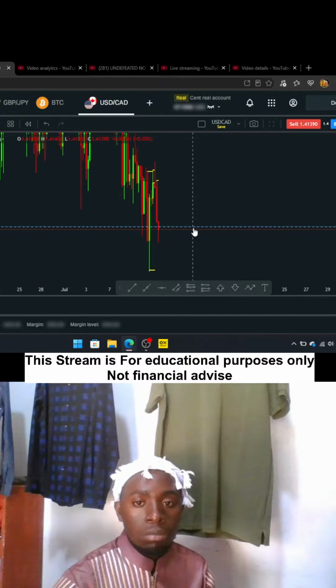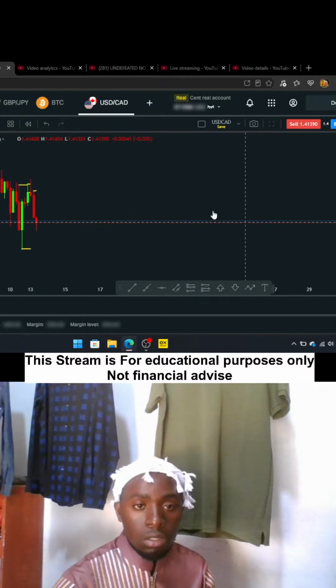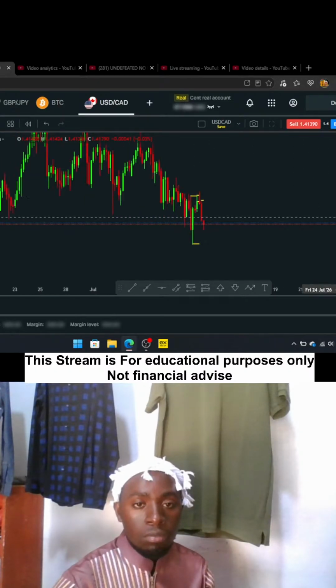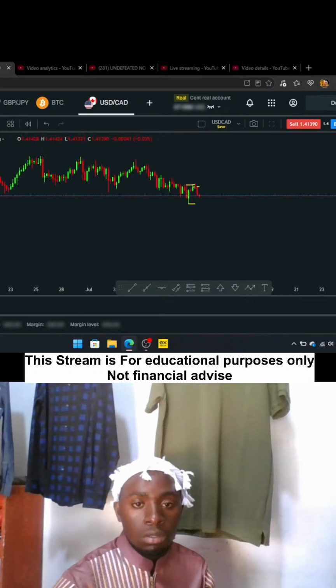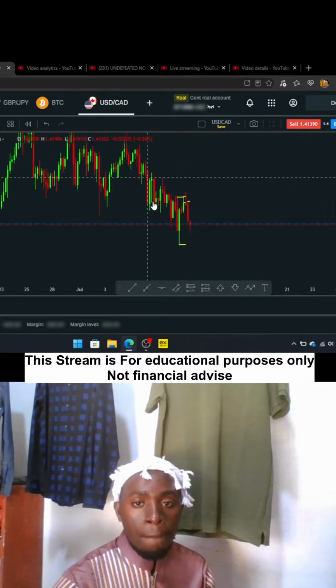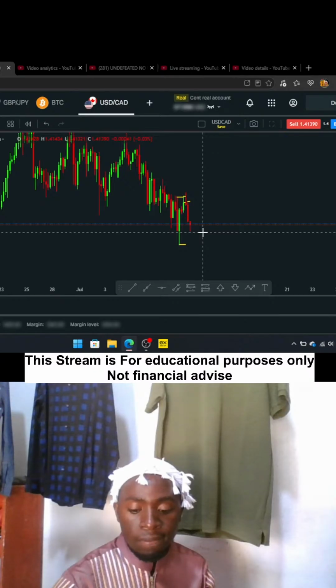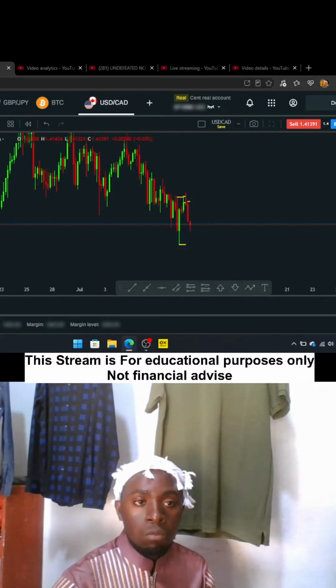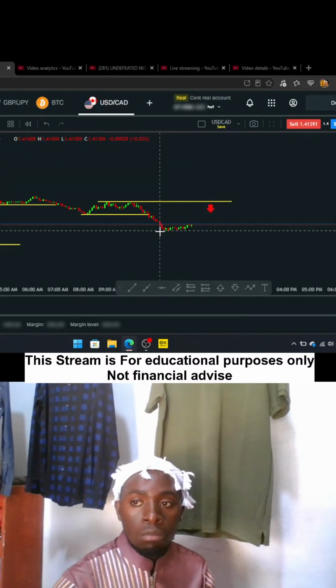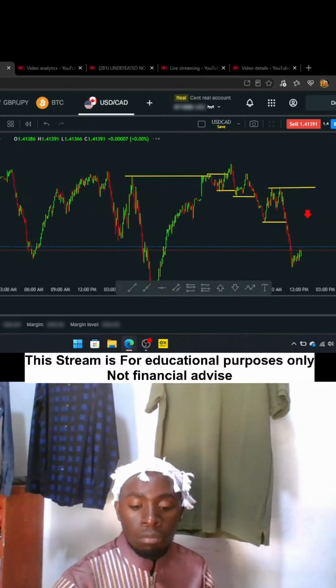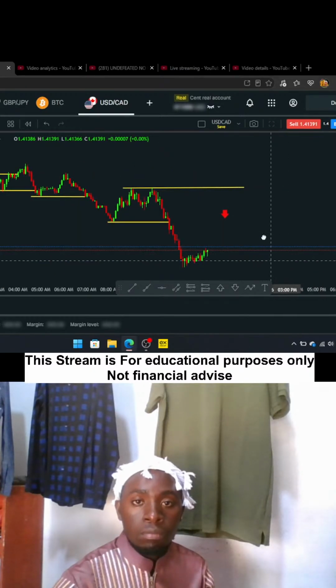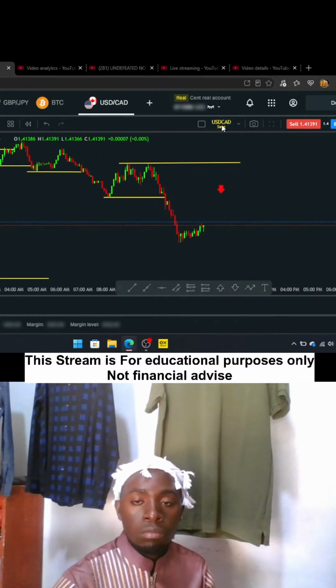Time frame moving not so bad, but boom, USD card.